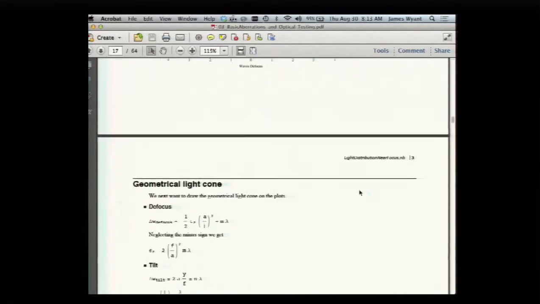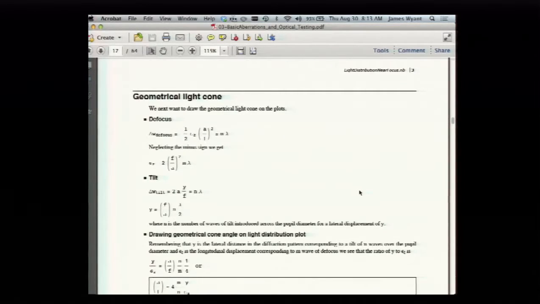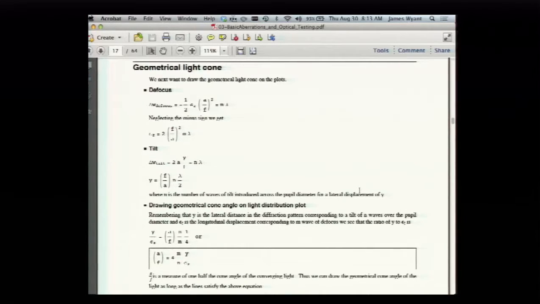Now this was a little more work for me, but I think it works out pretty well. So I want to draw the geometrical light cone on these plots.